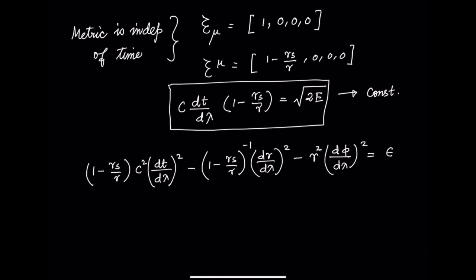So let's do that. And 1 minus rs by r will go into the denominator. So I'll get 1 minus rs by r to the power minus 1, and simply 2E here.